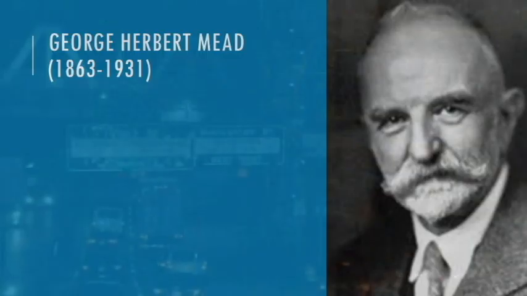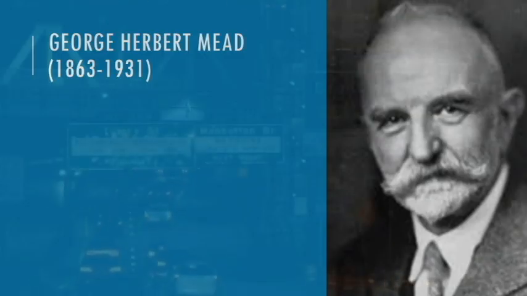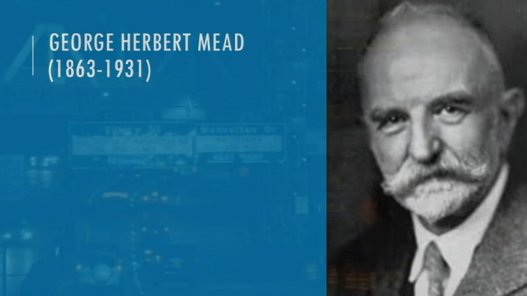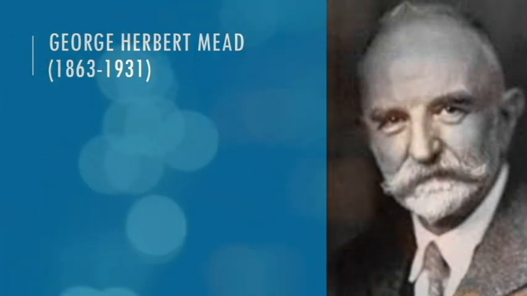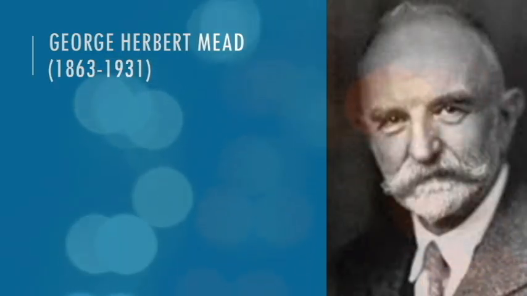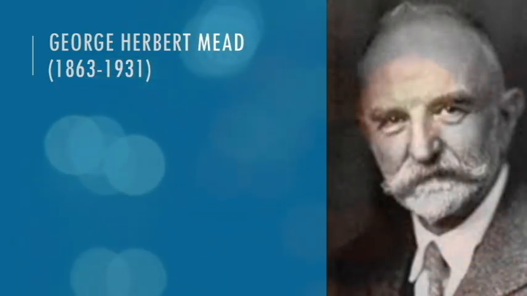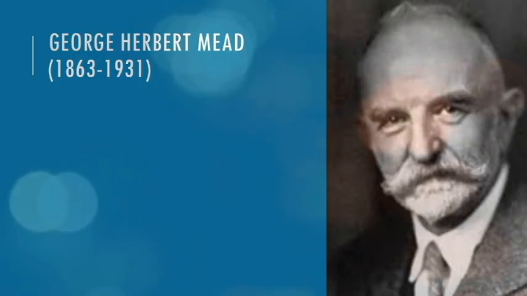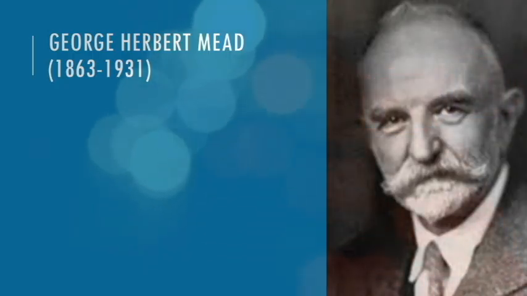Dr. Mead was born in 1863 in Massachusetts, and his work laid the groundwork for what is known as symbolic interactionism. He passed away in 1931. Mead was most influential in how the self arises from social experiences and interactions, particularly through communication using symbols.